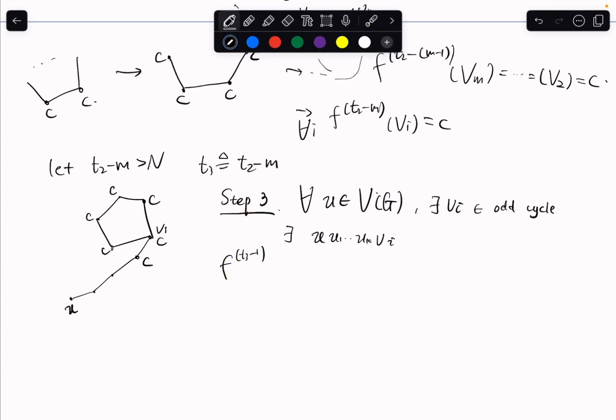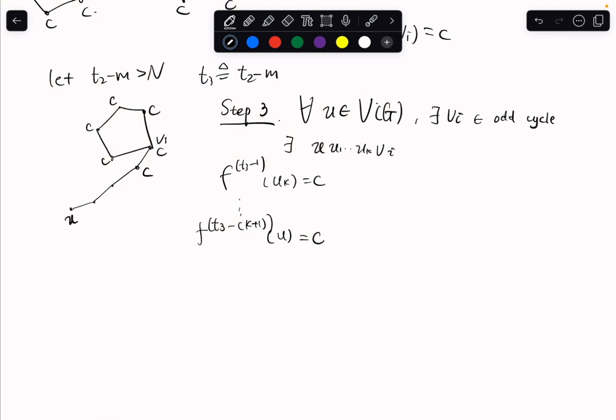So we have these forms, like minus 1 uk equals c, and after some, f_t3 minus 1 minus k plus 1, u is c. Then we have that, when this is c, then the former one is c.